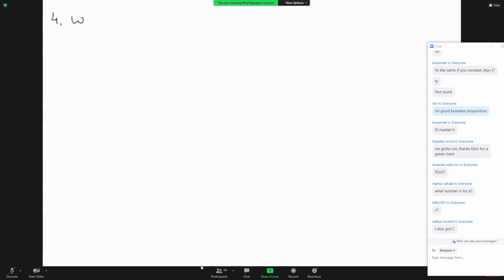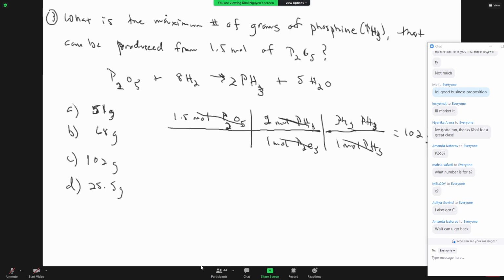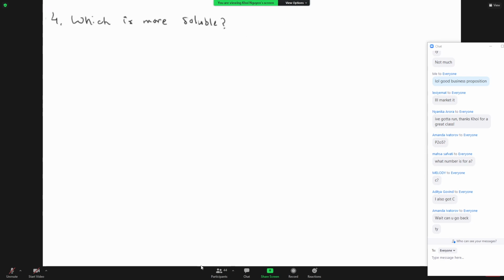I want to know which is more soluble. Which is more soluble?